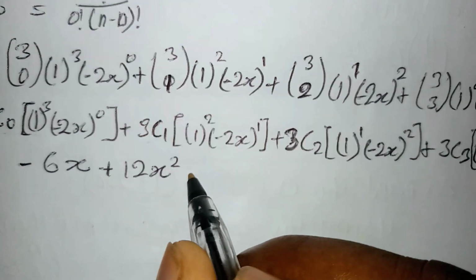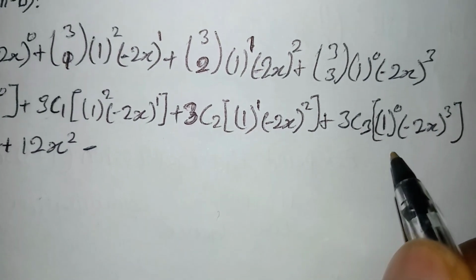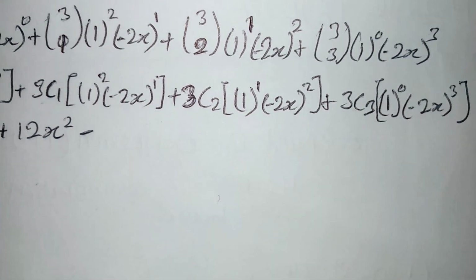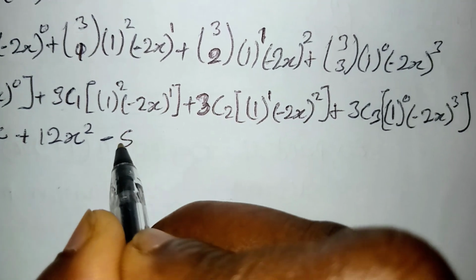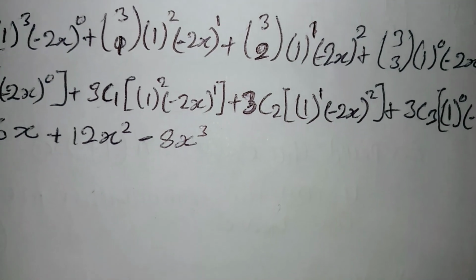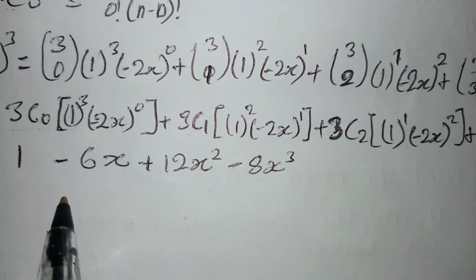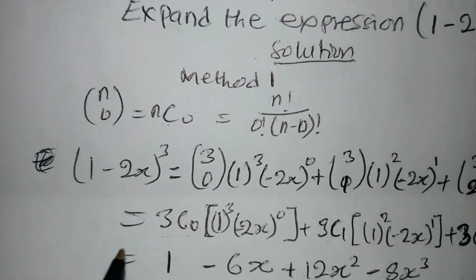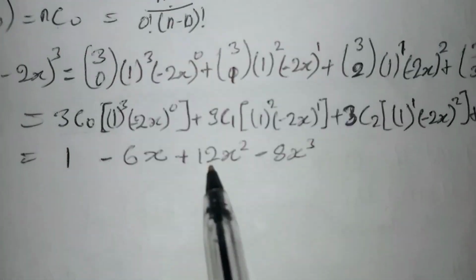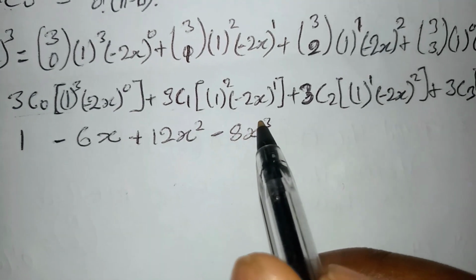Then the last term will be minus this guy here. 3 combination 3 is 1, and multiplying with the entire expression here, that will be negative 8x exponent 3. And so here we have the final answer to this question as 1 minus 6x plus 12x squared minus 8x cubed.